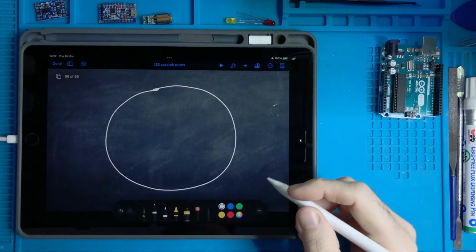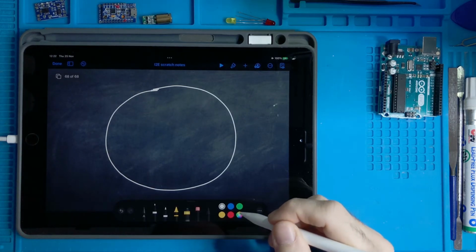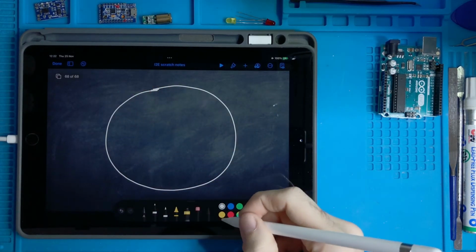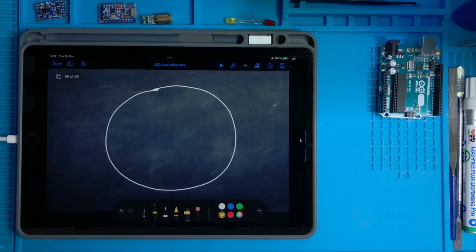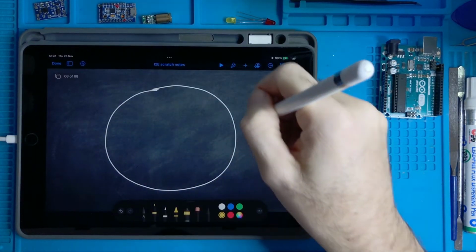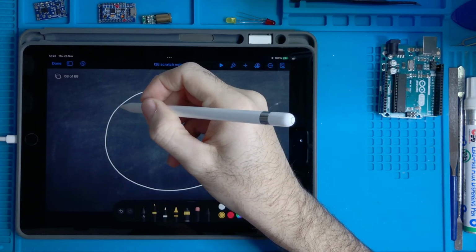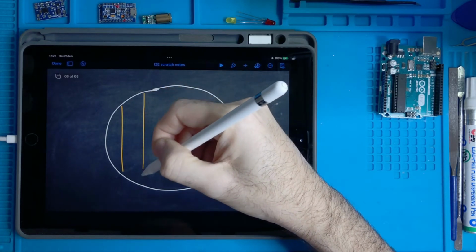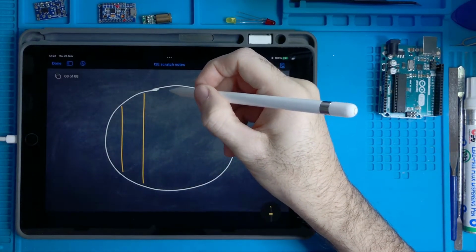Okay, now I can think of dividing the cross section of this loop into regions. So I do like this.